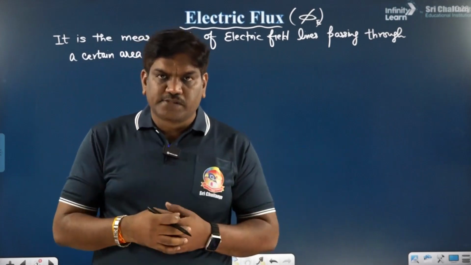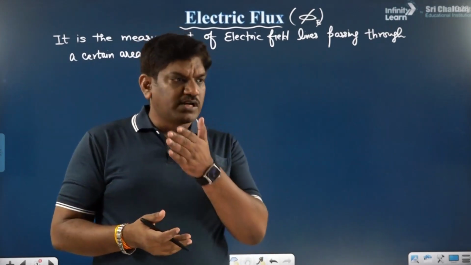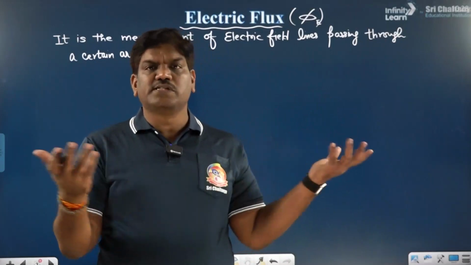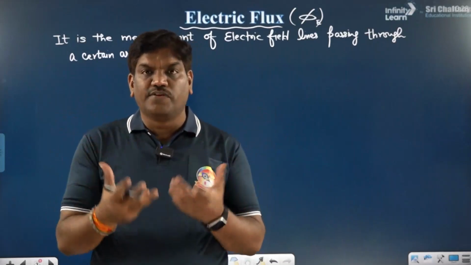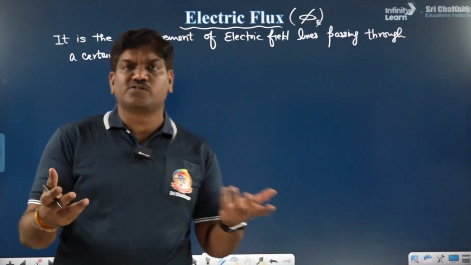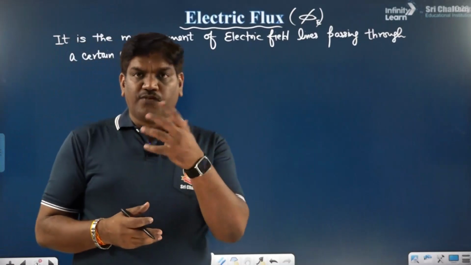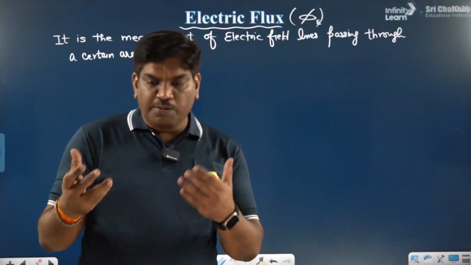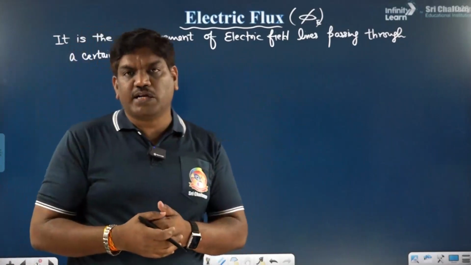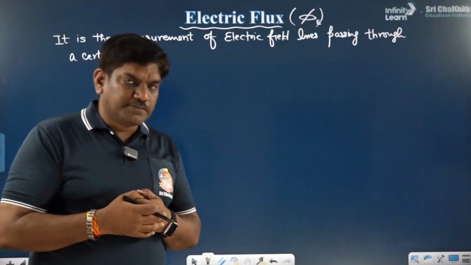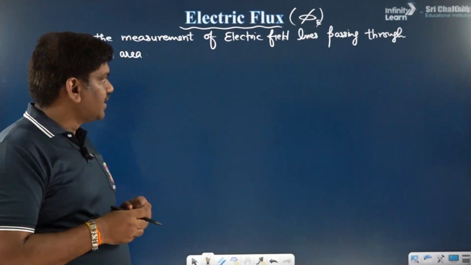See, when we are talking about field lines, that is a hypothetical concept. You will say that lines are not visible. But they are very, very helpful to visualize or to get the feel of the influence of the electric field or magnetic field. So field lines are a hypothetical concept which gives you the visualization of the influence of the field, whether it is electric field or magnetic field.